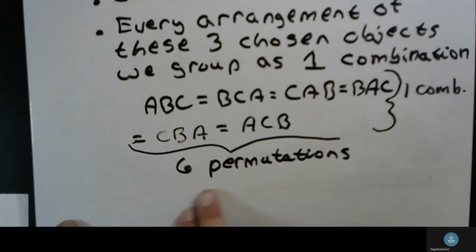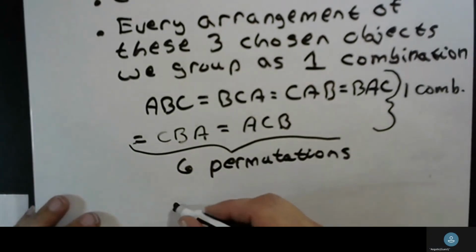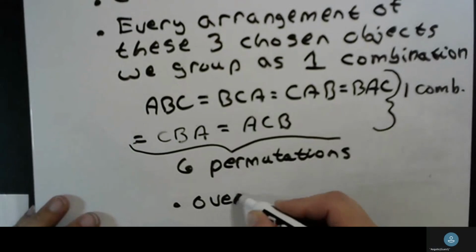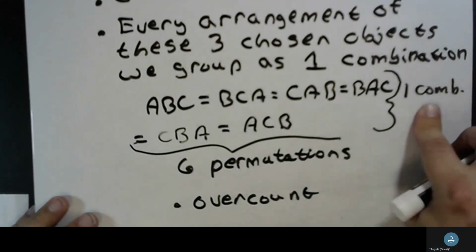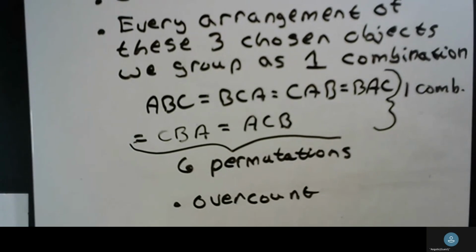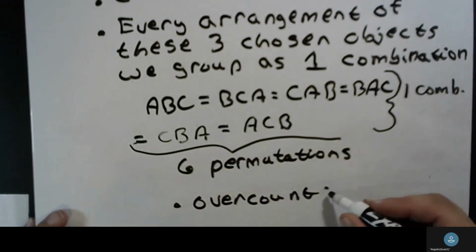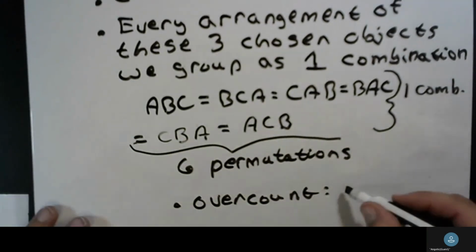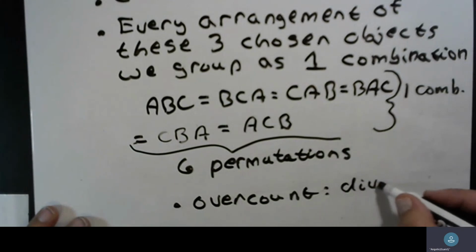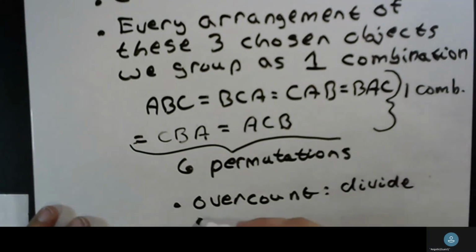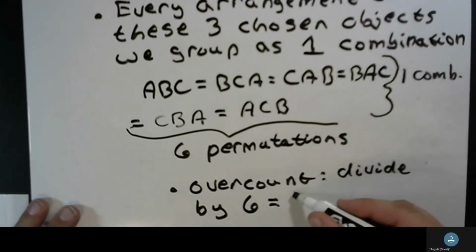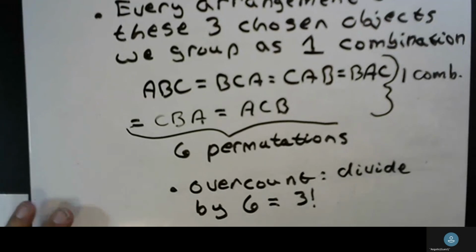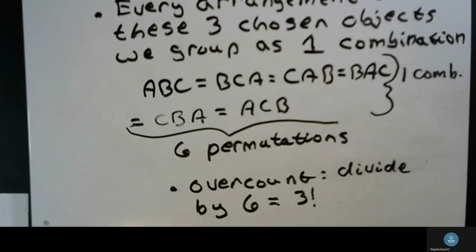We don't want to count the permutations. We want to count the combinations. So the way we're going to do this is we're going to divide by 6, which we can write as 3 factorial.